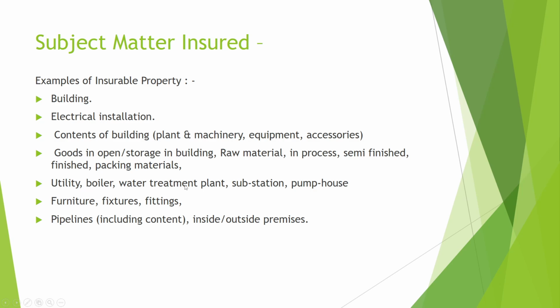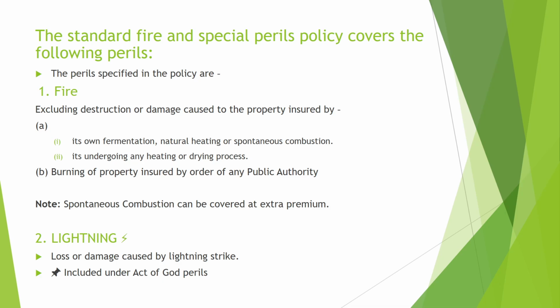Utilities, boiler, water treatment plant can also be insured, furniture, fixtures, fittings can be insured, and pipelines can be insured. These are some of the examples. Of course there may be some more things which can be insured under these policies. I am listing some so you can understand them better.